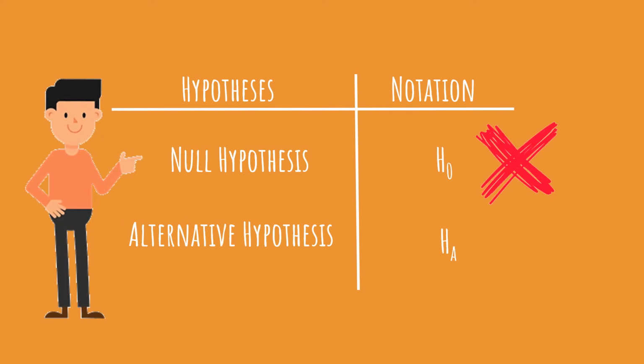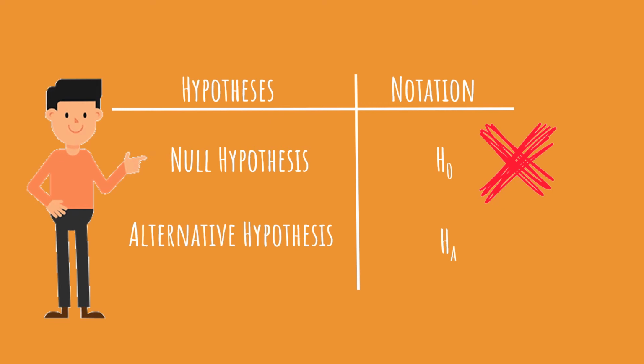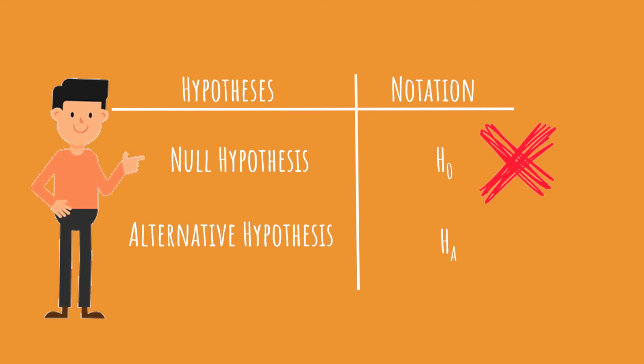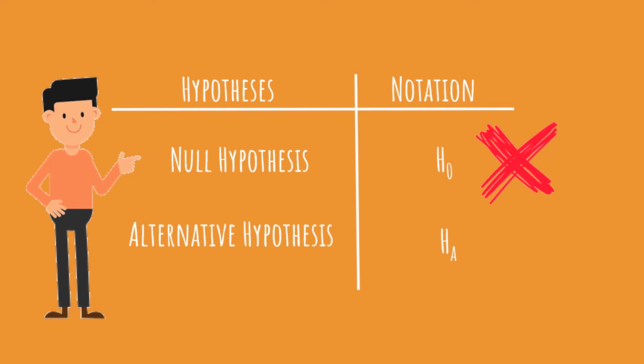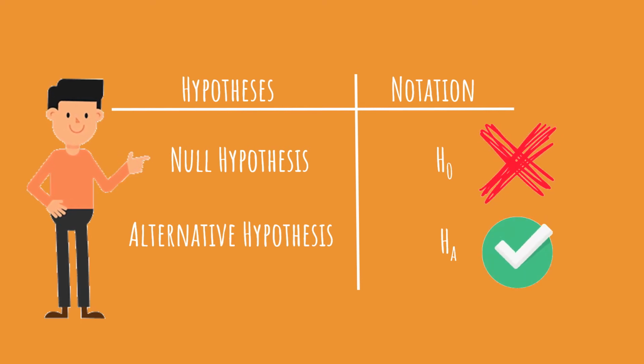The null hypothesis is the statement being tested in a statistical test. This hypothesis is usually a statement of no effect or no difference. Meanwhile, the alternative hypothesis is an experimental hypothesis which can be considered as an alternative to the null hypothesis. This hypothesis is a statement that we hope or suspect is true.